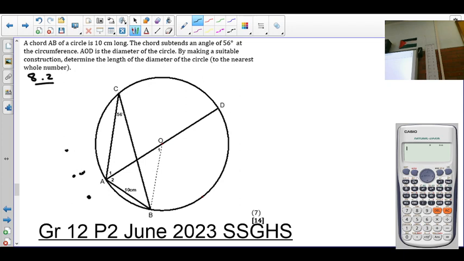AOD is a diameter. If AOD is a diameter, okay, there's no angle in a semicircle, as chord CD, neither is DB, it's joined there. Okay, but if you join it, those angles will be 90 degrees. So angles in semicircle. By making a suitable construction, determine the length of the diameter of the circle to the nearest whole number.